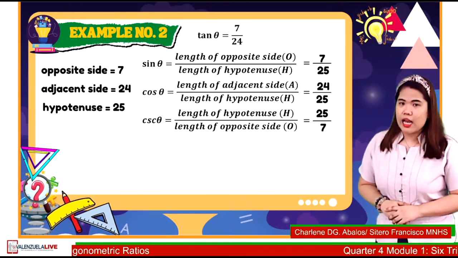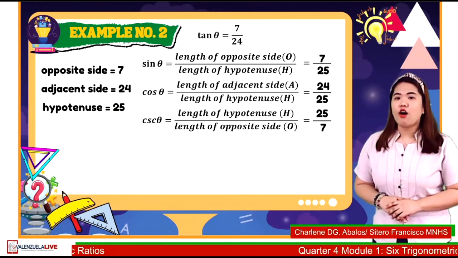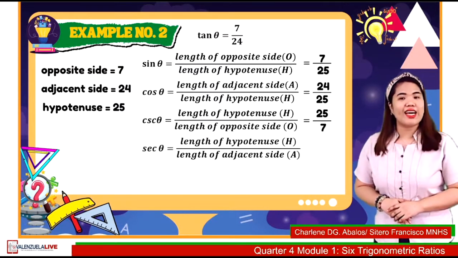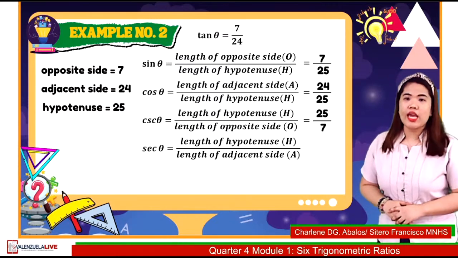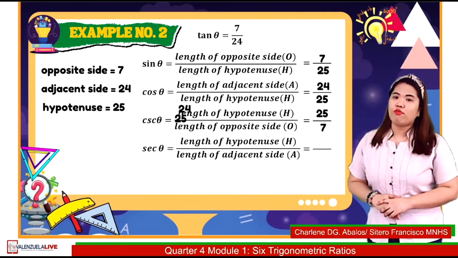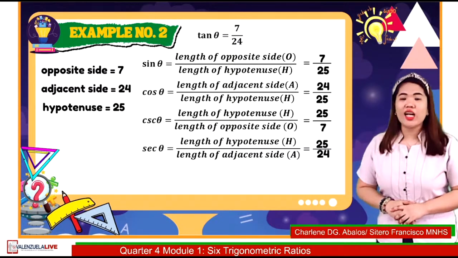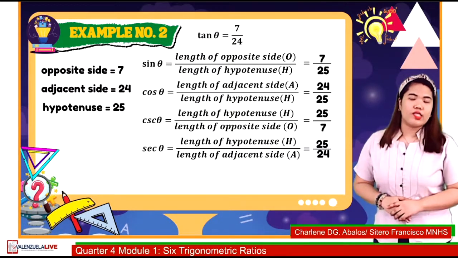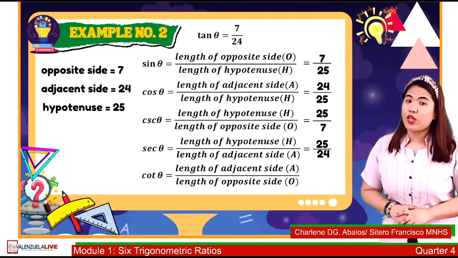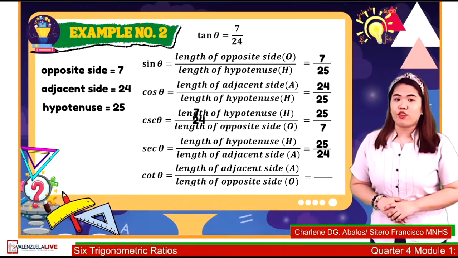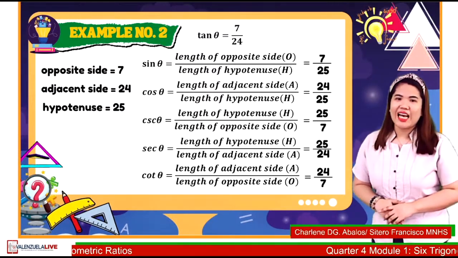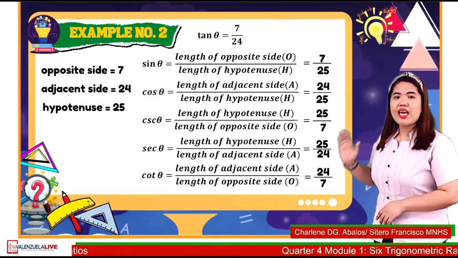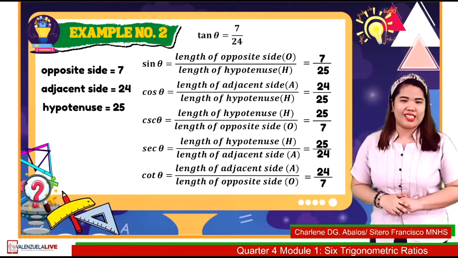For secant theta, get the reciprocal of the cosine theta ratio, so it will be 25 over 24. And for cotangent theta, get the reciprocal of the tangent ratio, so it will be 24 over 7. These are the remaining trigonometric ratios.